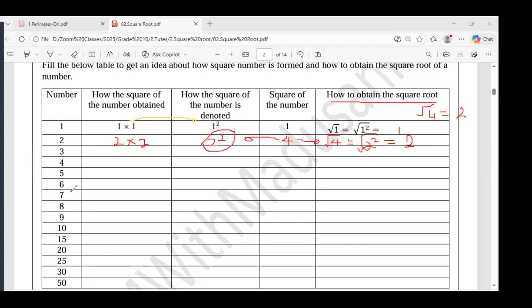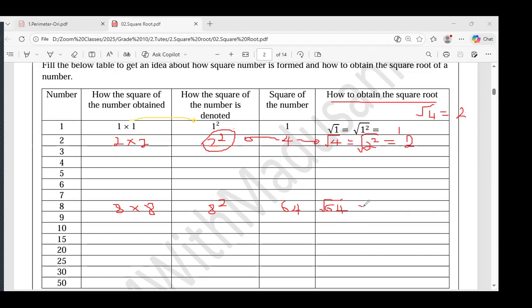So I will take another number, 8. 8 times 8 can be represented as 8 to the power 2. 8 to the power 2 means 64. Now we are going to find the square root of 64.